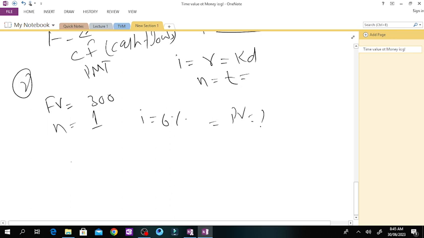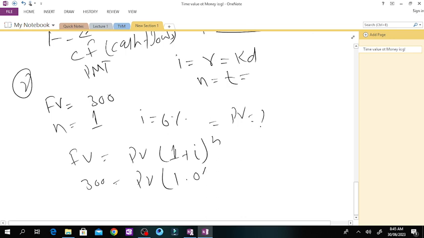So what you will do, you will just have to write the formula, future value, present value, 1 plus I power n. So future value you have 300, present value you have to find, and you can write it as 1.06 and this would remain same.